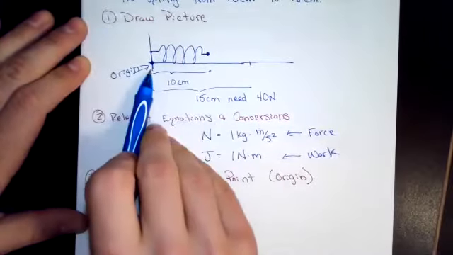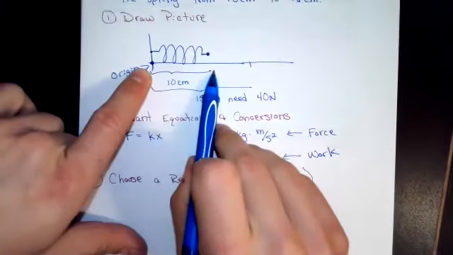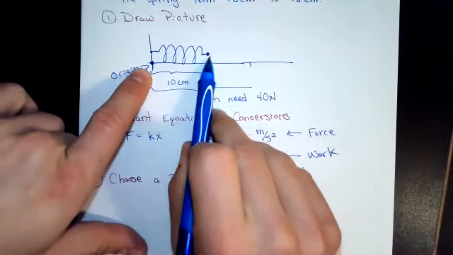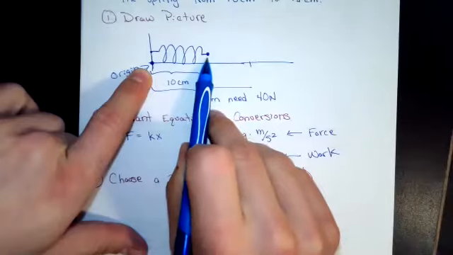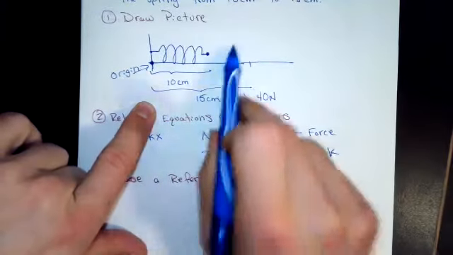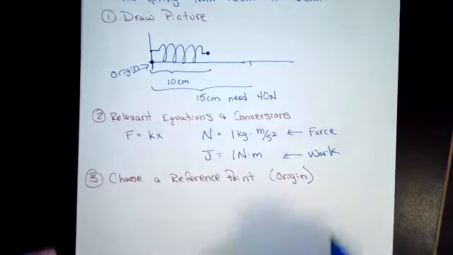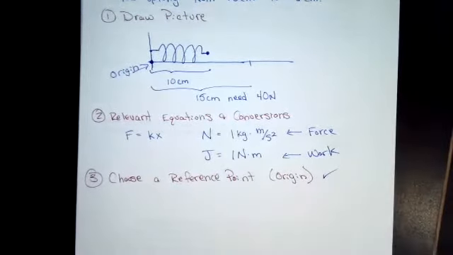Since the information we're given is that 10 centimeters away is its natural resting point, it'll sit here at 10 centimeters, and then if I stretch it to 15, we have a force on that. So that'll come into play in some of these future examples a little more so.